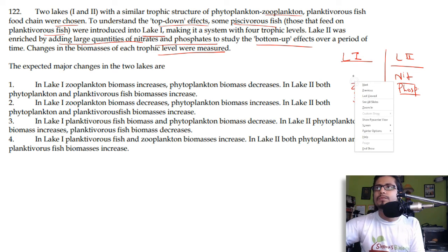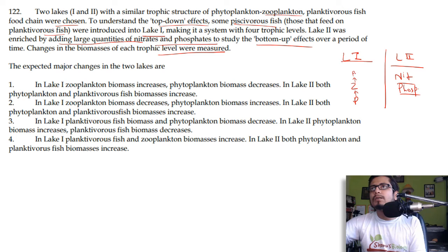But in Lake 1, now 4 different levels: we have phytoplankton, zooplankton, then planktivorous fish, piscivorous fish. Now planktivorous fish eats zooplankton and piscivorous fish eats planktivorous fish. That's why the name came from. So 4 trophic levels are now present in this Lake 1 ecosystem.